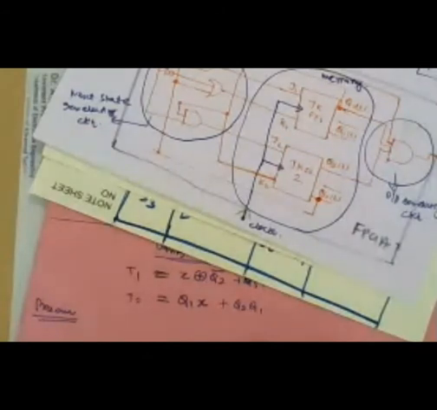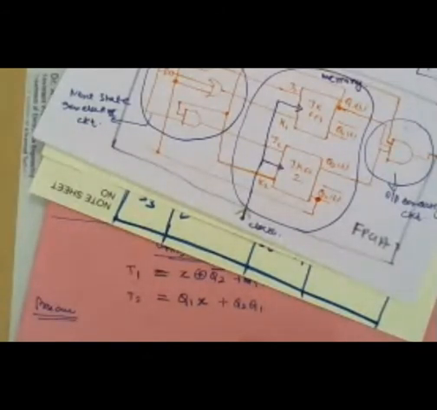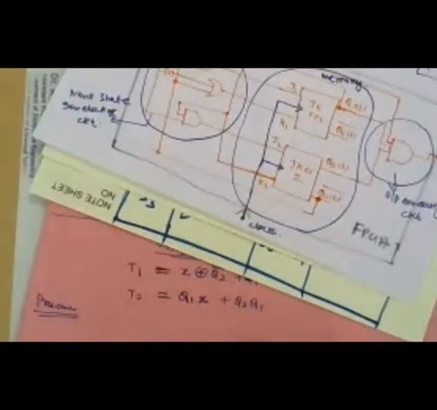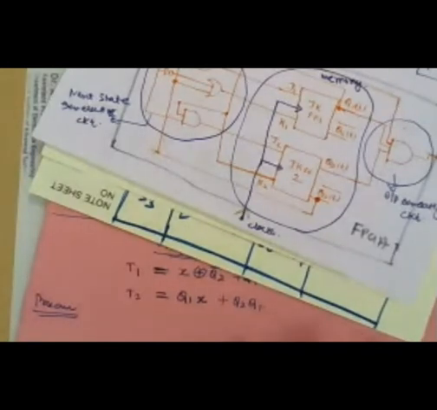Now do it. You draw the state diagram. What is the circuit for binary to gray code conversion?